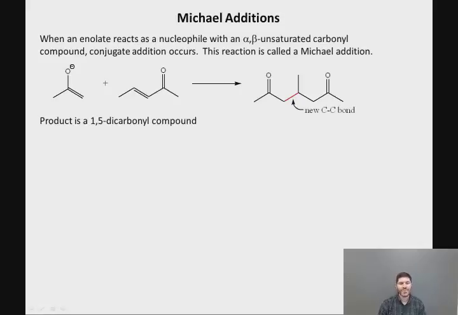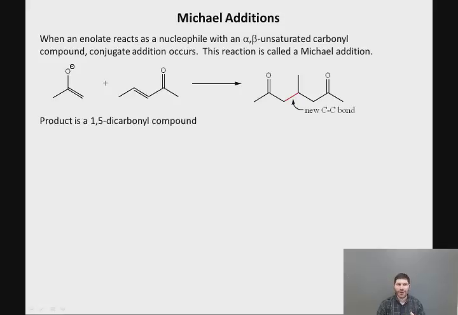In this case, we have the enolate of acetone, a simple ketone, being added to an alpha beta unsaturated ketone, and the new carbon-carbon bond that is formed during this reaction is indicated in red. What you should also note is that the product is a 1,5-dicarbonyl compound.